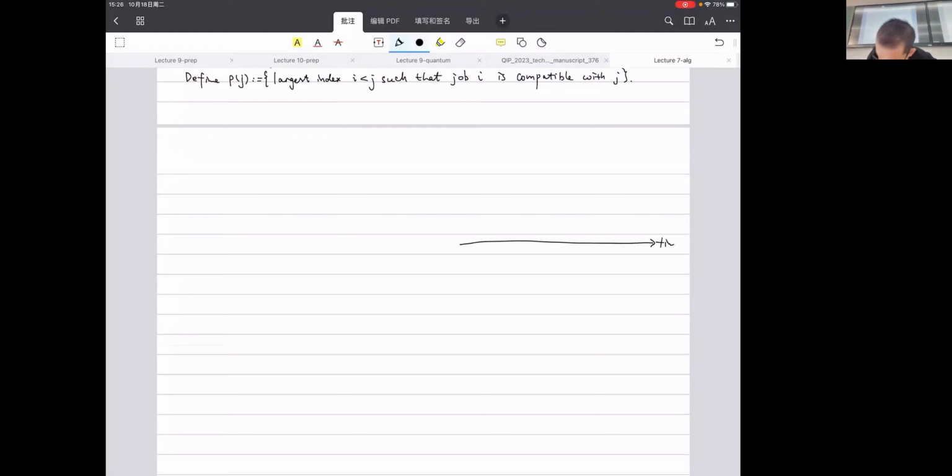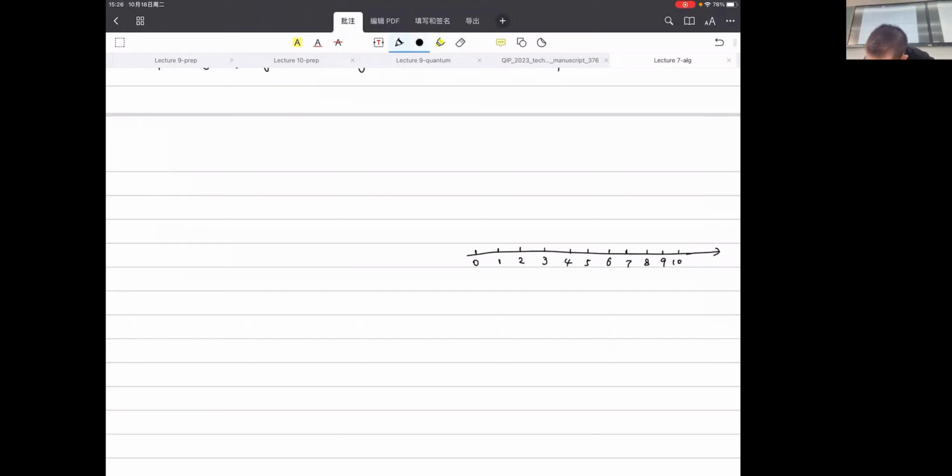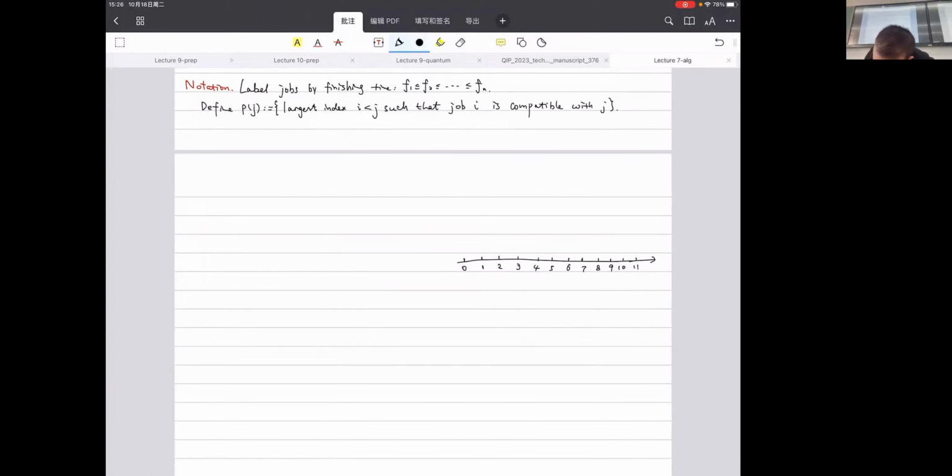So this is going to be the time axis, and we're going to have some intervals here. Let me draw some dashed lines to make the length of the intervals clear.